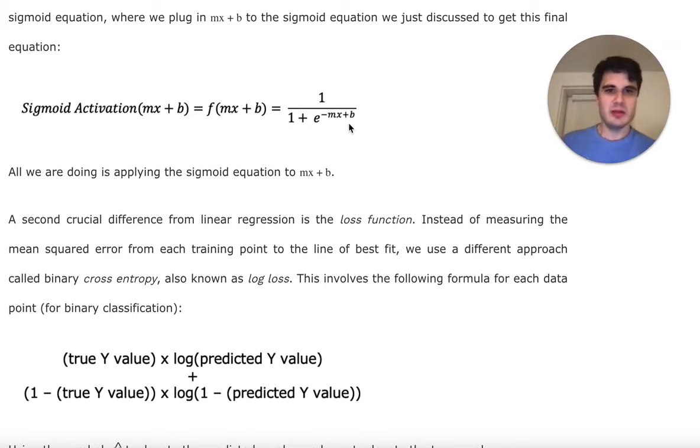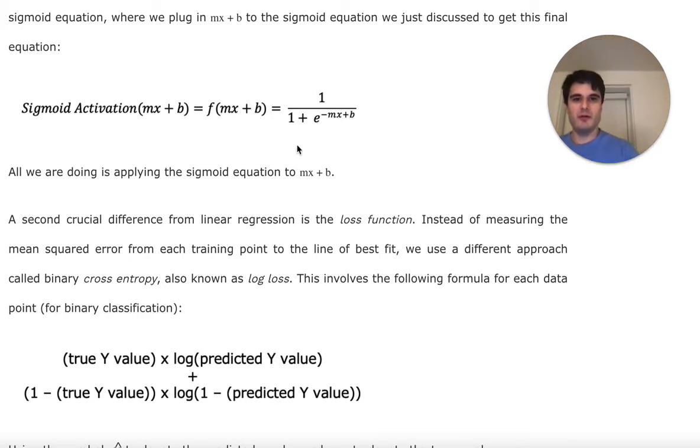That is our sigmoid activation function, and we can do gradient descent just as we would before, learning m and b and updating the values of m and b, as we saw in our gradient descent video, but doing that same process now for this equation instead of just for mx plus b, for 1 over 1 plus e to the negative (mx plus b).